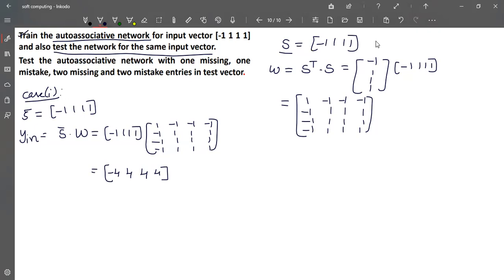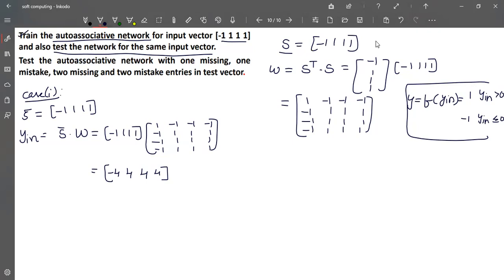Now what we need to do is apply the activation function. Since the input vector is in -1 and 1s, we will be applying the bipolar activation function. The bipolar activation function is like, I'll be writing here: y is equal to f of y in, and it is 1 if y in is greater than 0, and it is -1 if y in is less than or equal to 0.